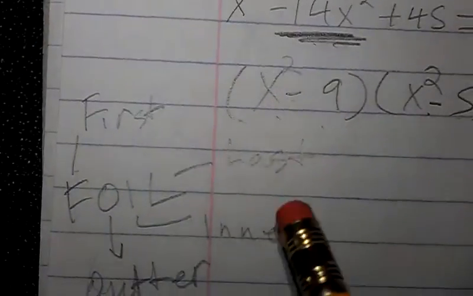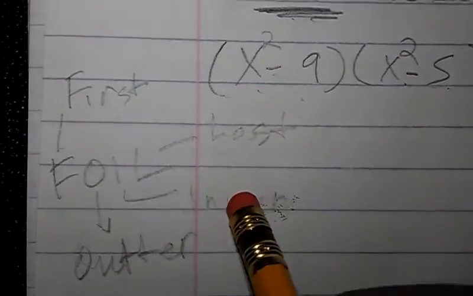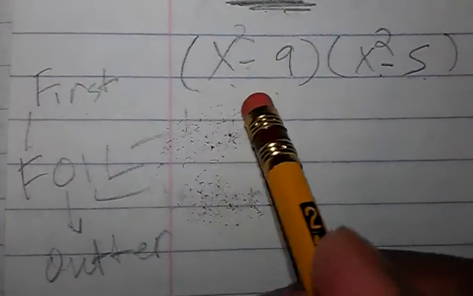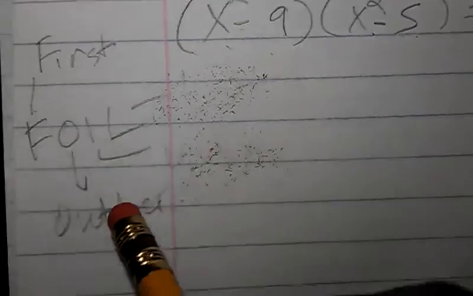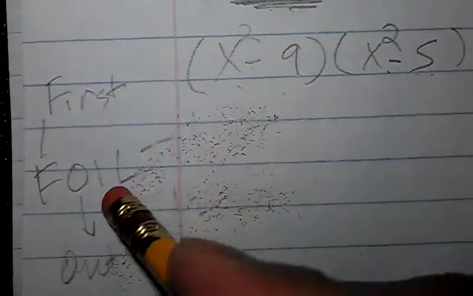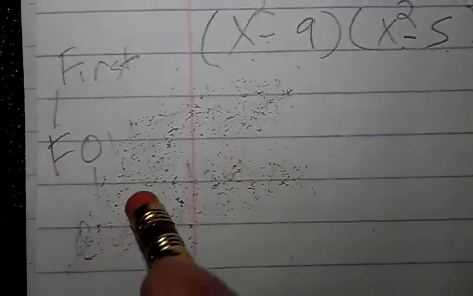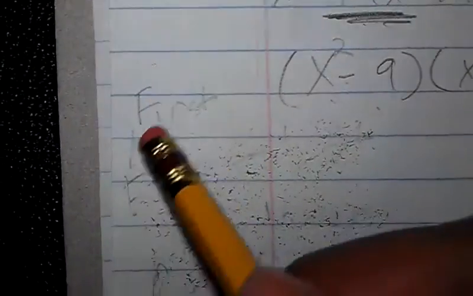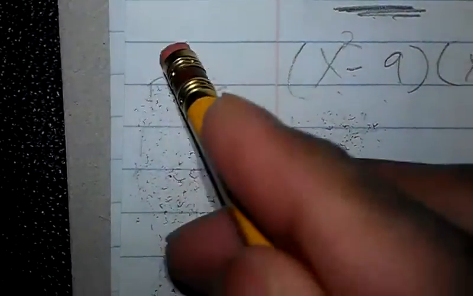But when you're doing trinomials and binomials in algebra, it's very important that you remember the FOIL method of distributing your terms inside of these two situations right here.